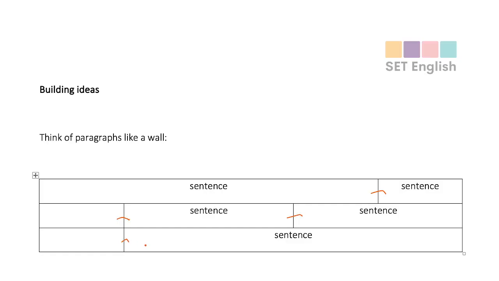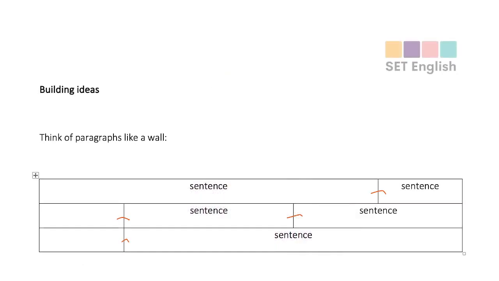Sometimes it's linkers, sometimes it might be other things. But those sentences have been organized in a specific structure, in a specific pattern, so you can build up a complex idea. And why that's important is because OET Reading Part C is trying to check if you are capable of building ideas over a group of sentences. That's what they want.